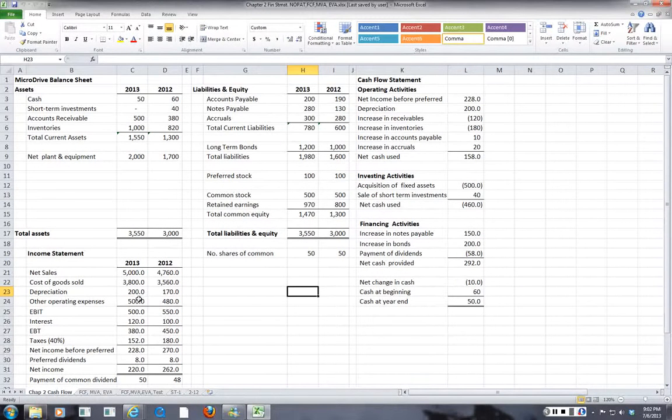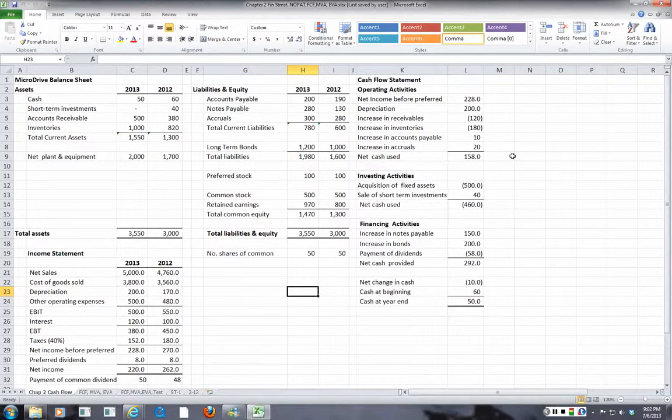From those two statements, the balance sheet and the income statement, we want to create a cash flow statement. Before we get into it, the cash flow statement is probably one of the most interesting financial statements a company has, because it has three basic components: operating activities, investing activities, and financing activities.